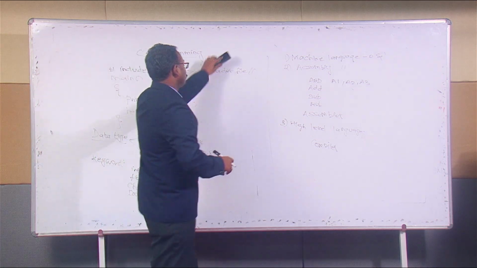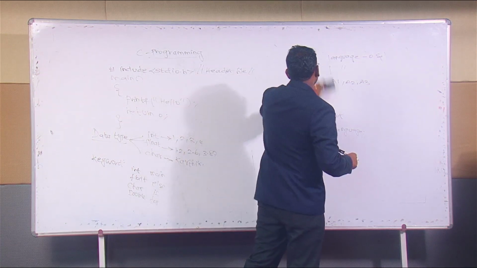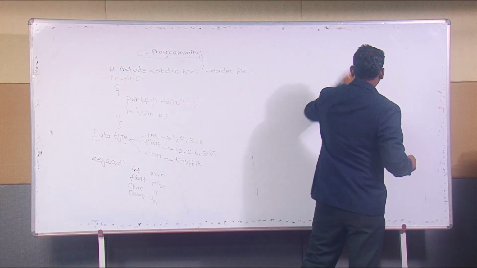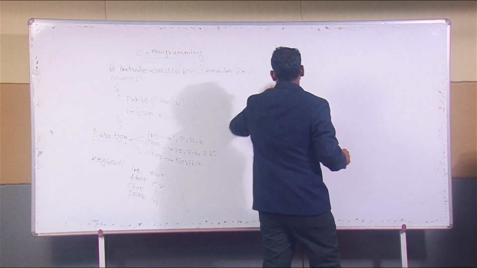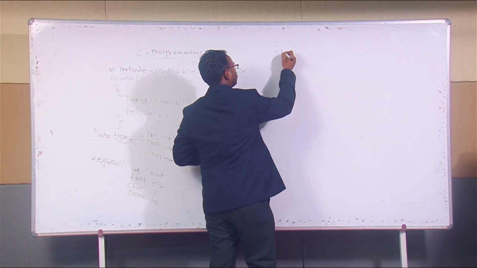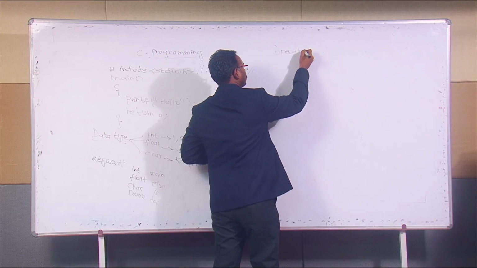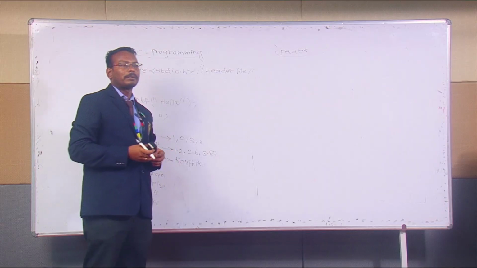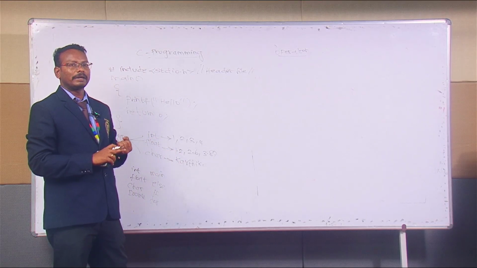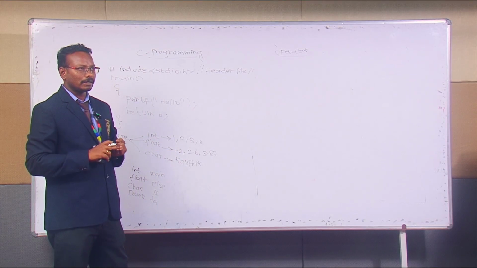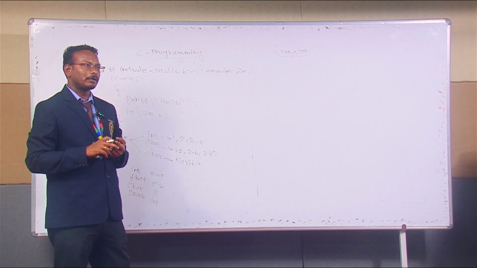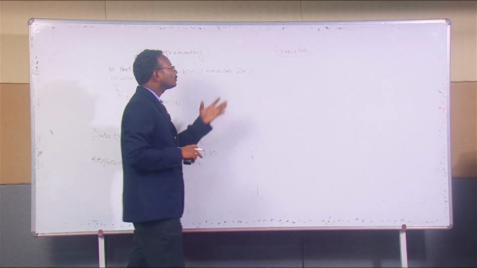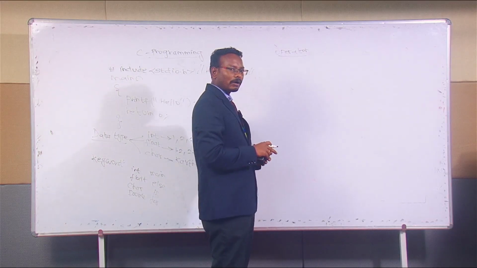Okay, and next we are going to see operators. In C, we can use various operators like arithmetic operator, assignment operator, relational operator, increment or decrement operator, bitwise operators. There are n number of operators available.